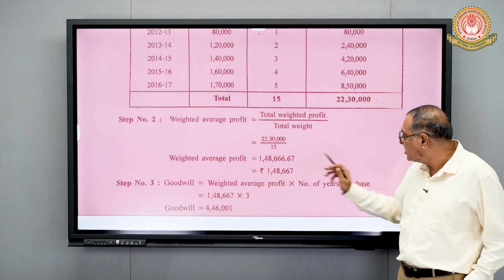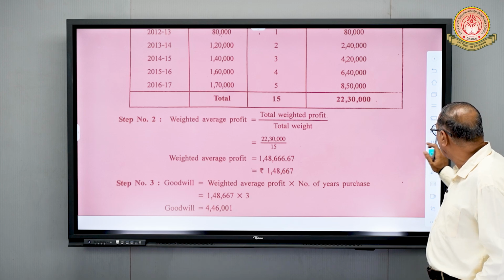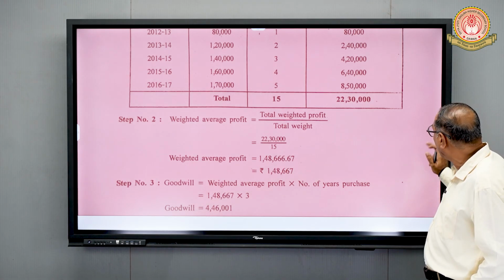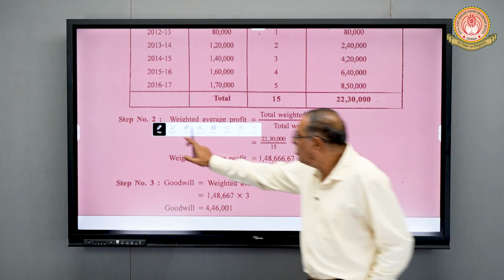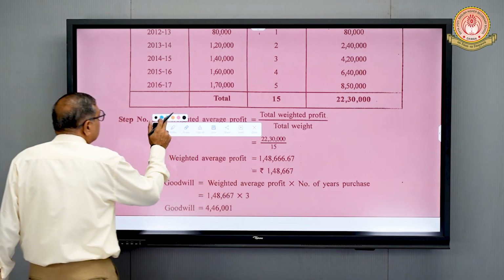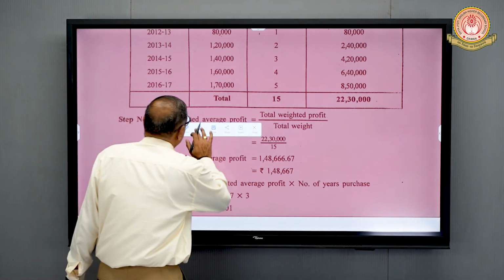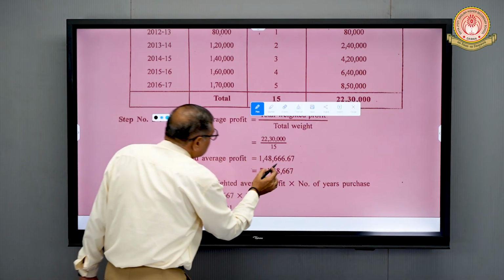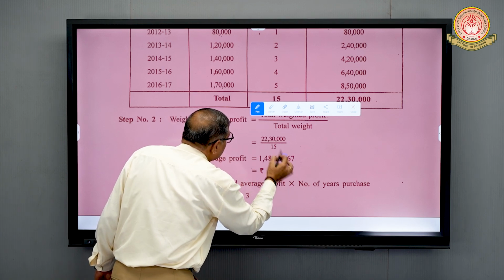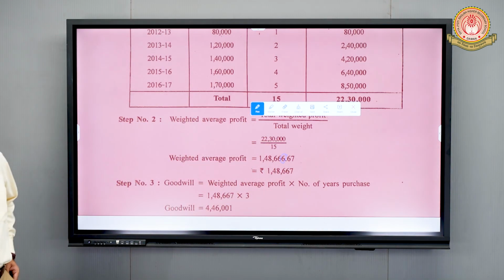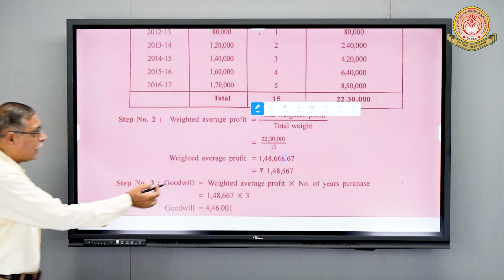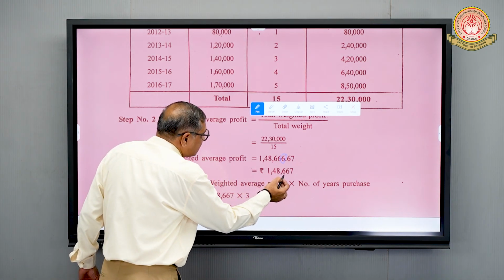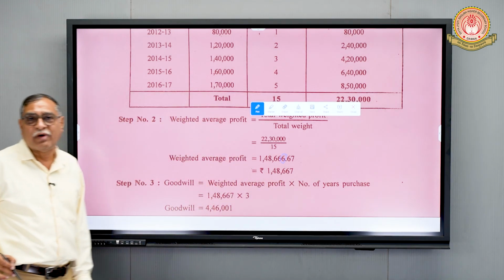What is before the point? It is 6. So you have to increase it to 7. So this 6 we will increase and we will not take the point. So 148,667, rounded off to 7.